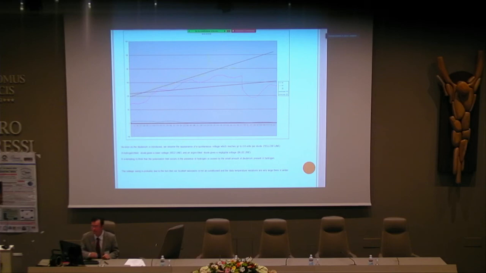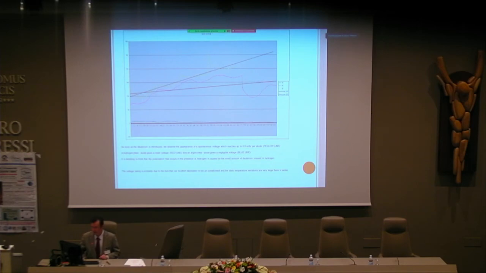This is the record. It is the voltage with deuterium, 0.5 volt. It's not nothing. The voltage with hydrogen, and here it's the voltage with a dummy diode with argon.